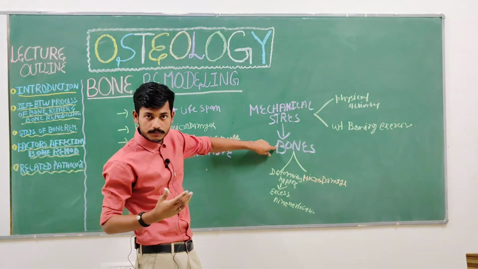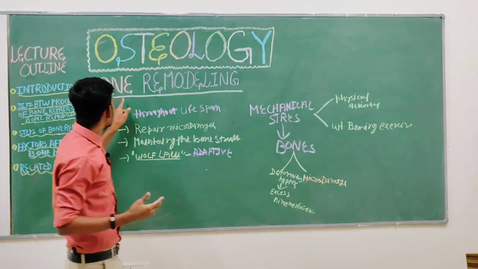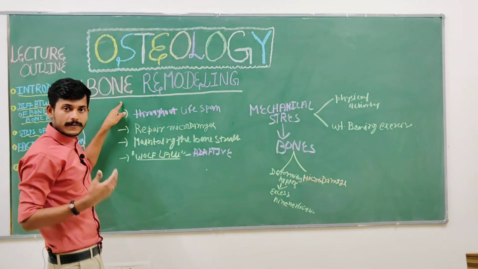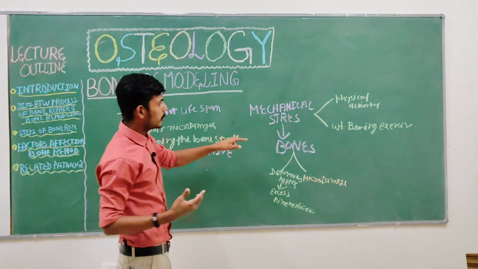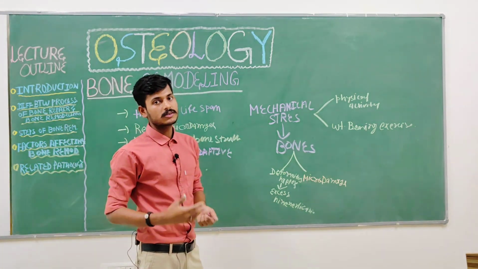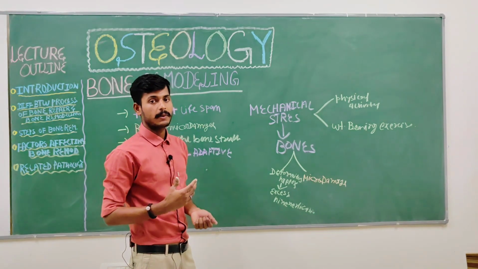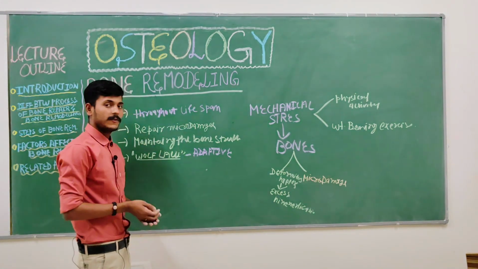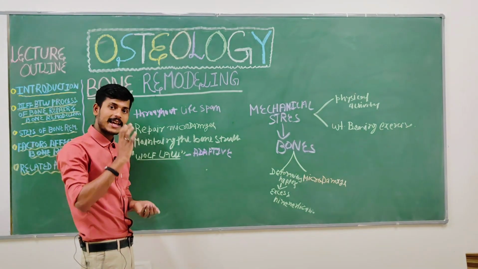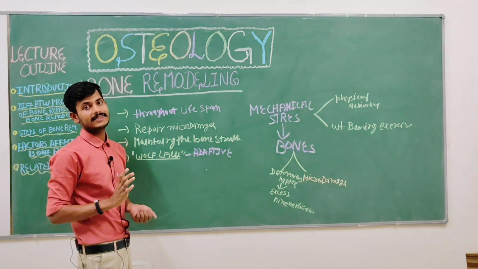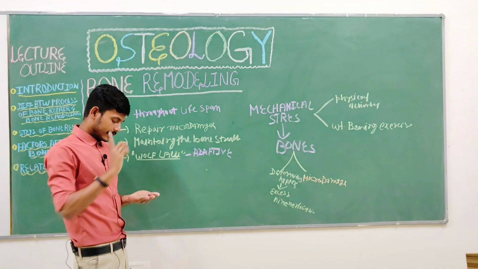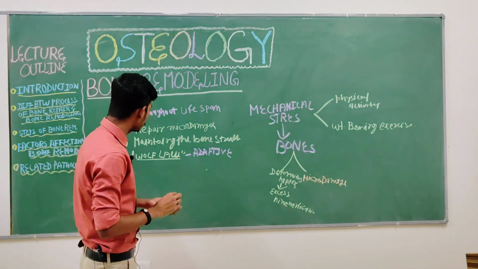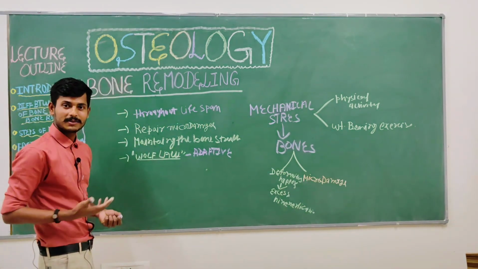It takes time. They undergo this bone remodeling process and are capable of adapting to those loads. That's why we say the bone is adaptive in nature. That's one very wonderful thing about our bones.